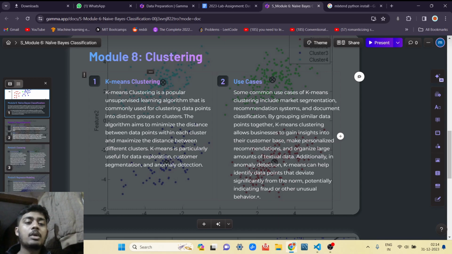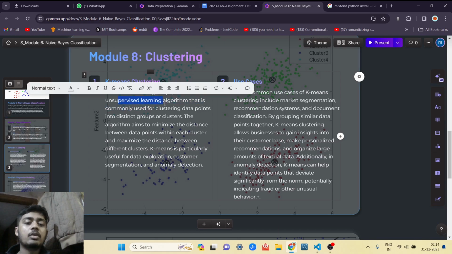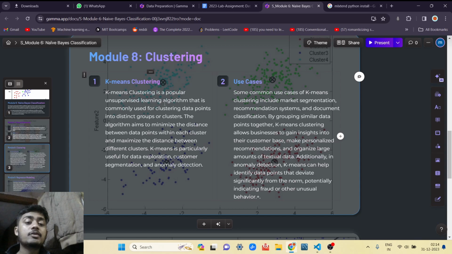It is a popular unsupervised learning algorithm commonly used for clustering data points into distinct groups of clusters. This algorithm aims to minimize the distance between the data points within each cluster and maximize the distance between the different clusters. K-means is particularly useful for data exploration, customer segmentation, and anomaly detection.